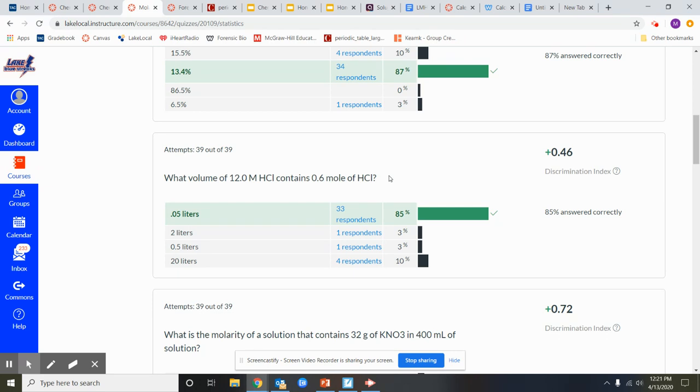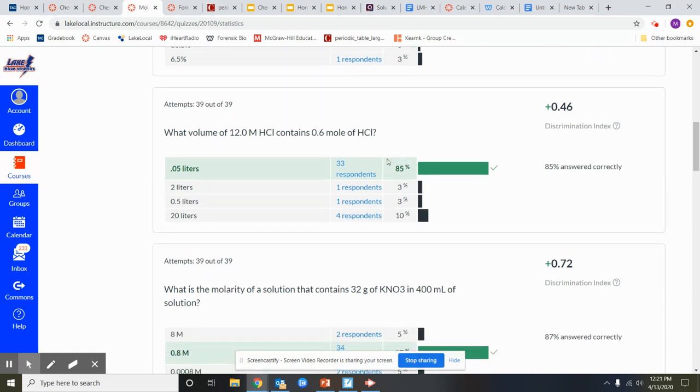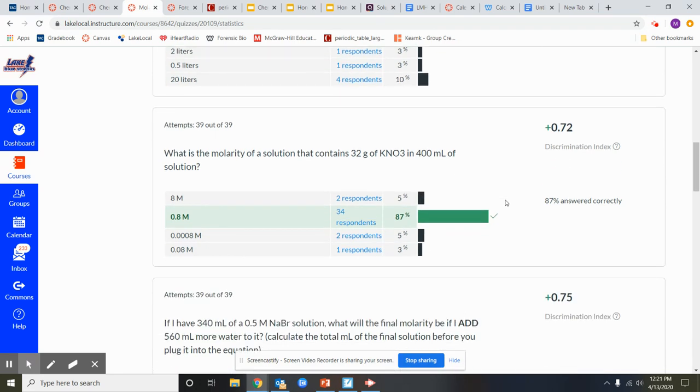When you rearrange that to solve for the bottom number, you get 0.6 divided by 12, and that gives you 0.05 liters. So moles over liters, but you were solving for liters, and you had molarity.